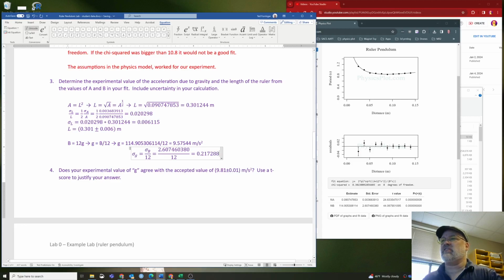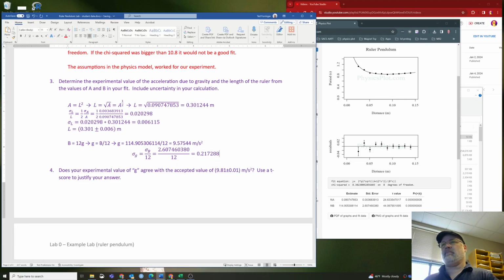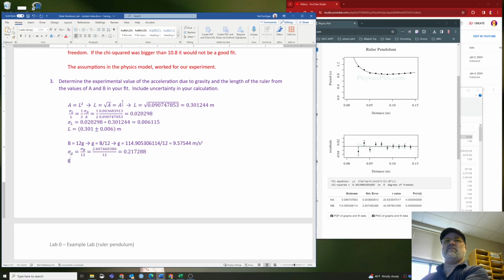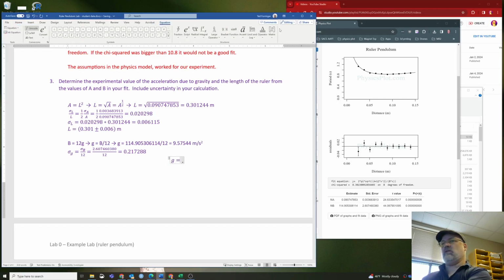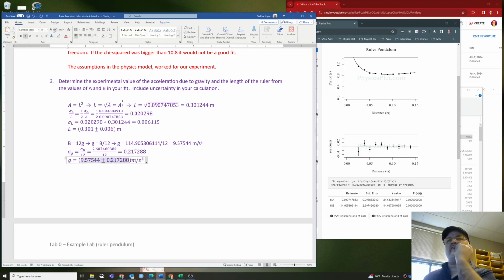So this is our uncertainty in G. So that means that G equals parentheses 9.57544 plus or minus 0.217288 meters per second squared. And now significant digits.